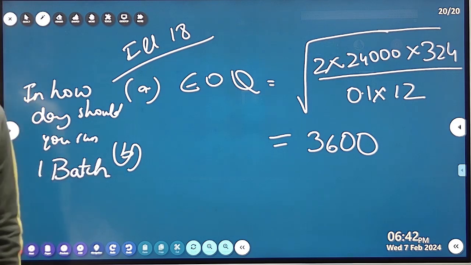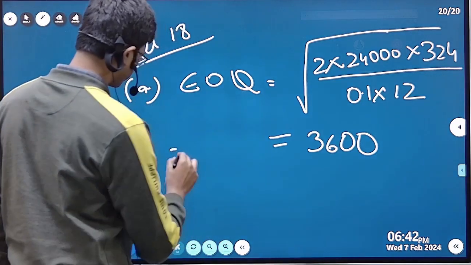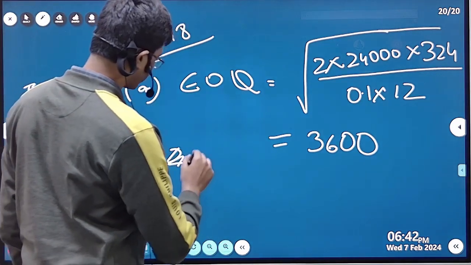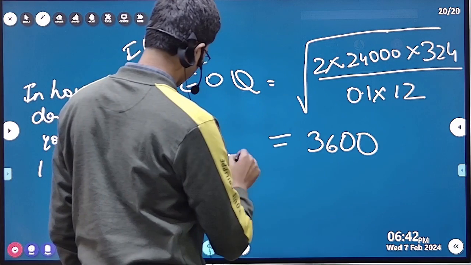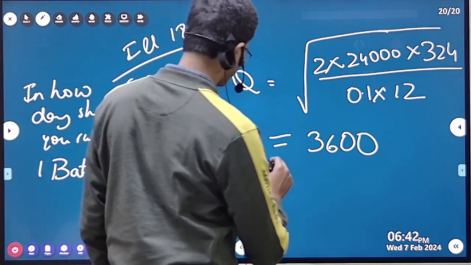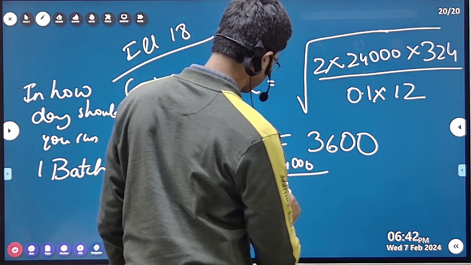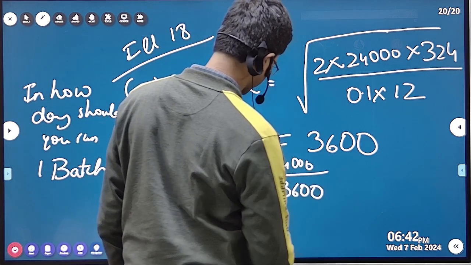So let us see how many batches we need to run in a year. Number of batches is equal to 24,000 divided by 3,600 per batch, right?